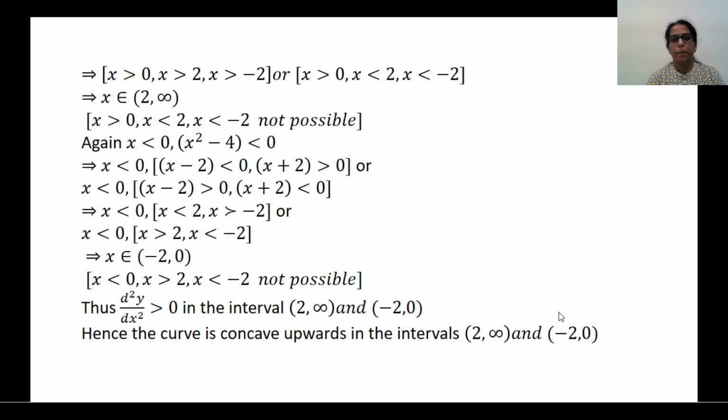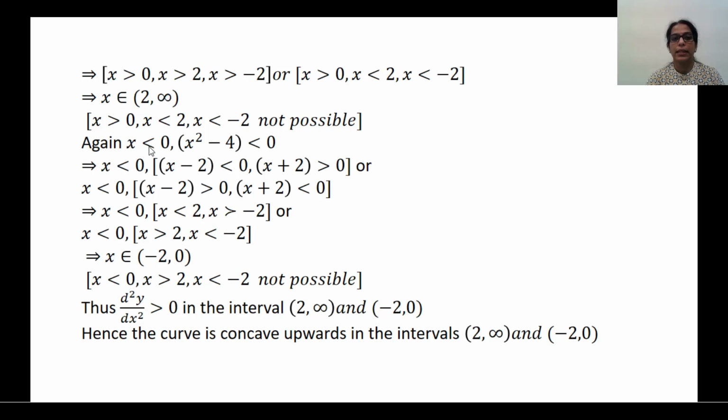Okay. So which implies x greater than 0, x greater than 2, x greater than minus 2, or x greater than 0, x less than 2, x less than minus 2, which implies x belongs to the interval (2, infinity). Since the other result is not possible, therefore x lies between (2, infinity).